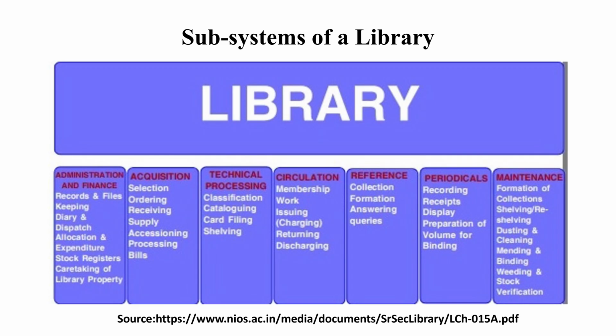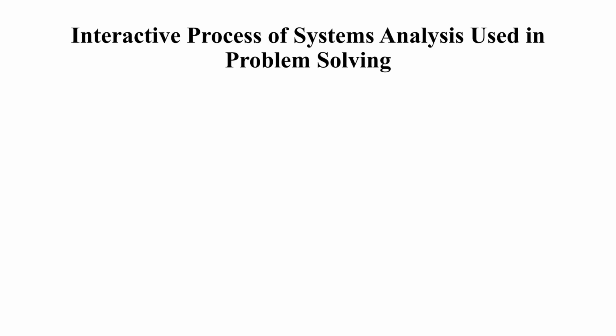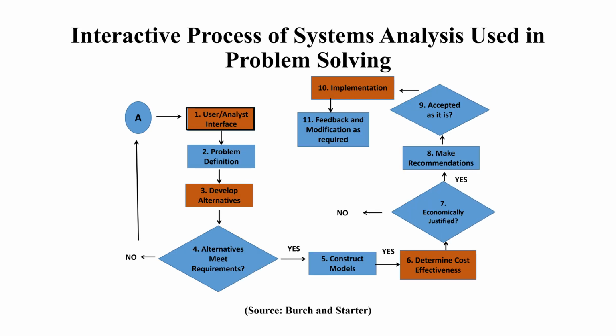Now, till now we have discussed what a system is, its components, the library as a system, and its different components. Next we will learn about the interactive process of system analysis used in problem solving. In this case, what is the first stage? Some user-analyst interface must be there to know what the user need is.